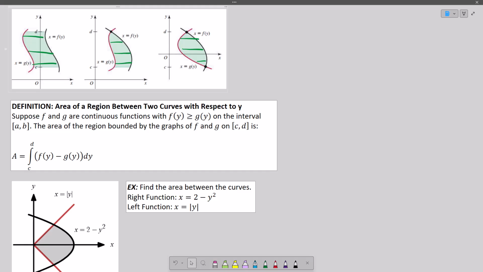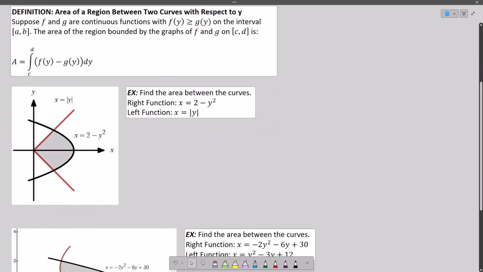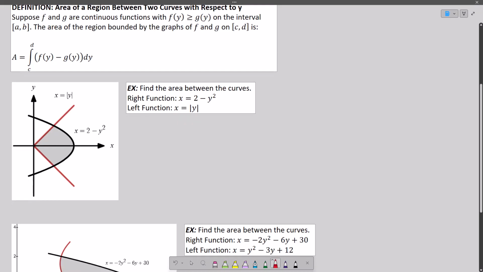So here we're calling the right curve f and the left curve g, so that horizontal distance is f minus g. Right minus left. So when we look at this integral, we're thinking of this as the height of the rectangle, and this is the width. It's just that the height is horizontal. Sleeping rectangle. Lazy rectangle.